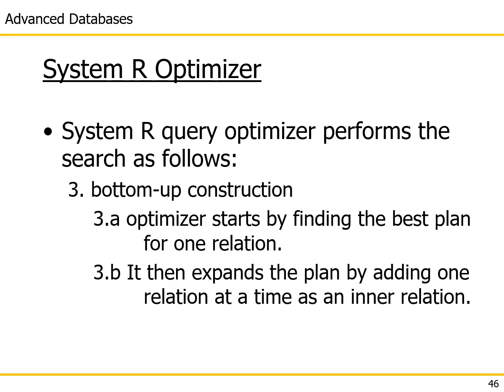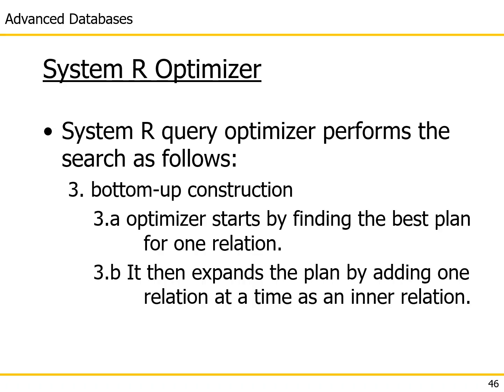The third, and this is really the most complex part of System R that I'm just going to give you a hint towards how it works, is doing something called bottom-up construction of plans. Let me read the 2 points and then we will discuss it. The optimizer starts by finding the best plan for one relation.